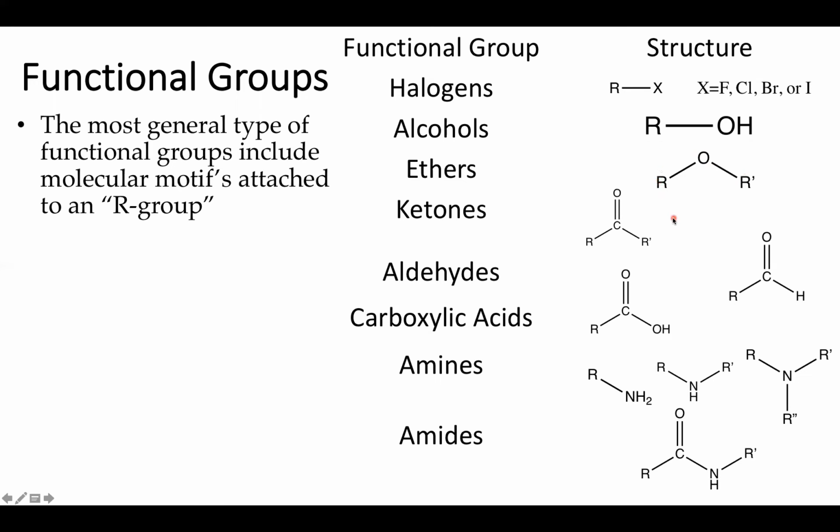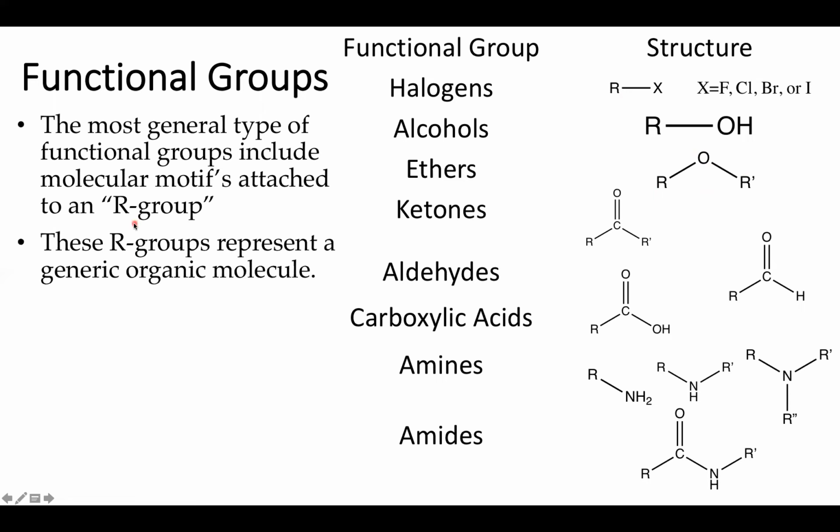The R group is essentially a notation for some random organic thing. It could be a methyl group. It could be a 100-long carbon chain. It doesn't really matter because we're only interested in a very small section of the organic molecule. So when you see an R group here, just kind of ignore it. It's essentially a placeholder for a generic organic thing.